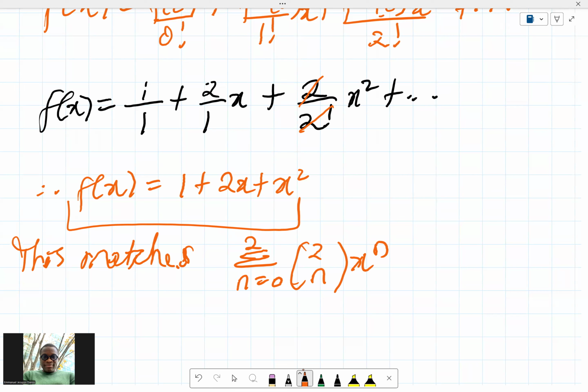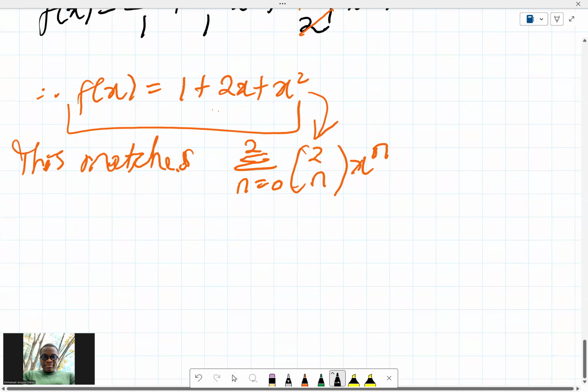Because at 0, 2 combination 0 is 1 for sure, and x raised to power 0 is also 1. Then next, if you go to 1, 2 combination 1 is 2, then x raised to power 1 is x. Then next you have 2 combination 2, which is 1, then x raised to power 2. So you see these two are perfectly the same thing.